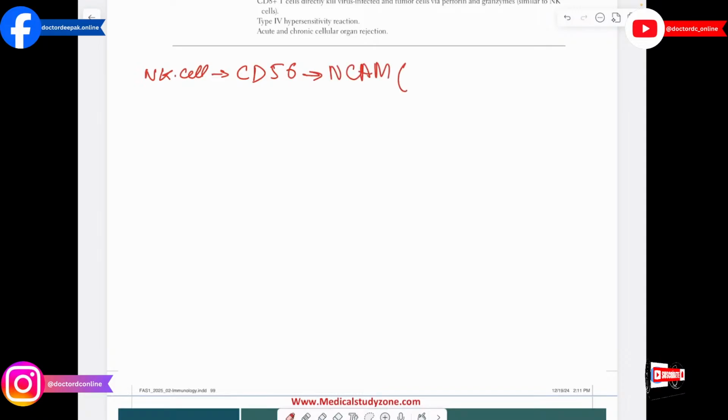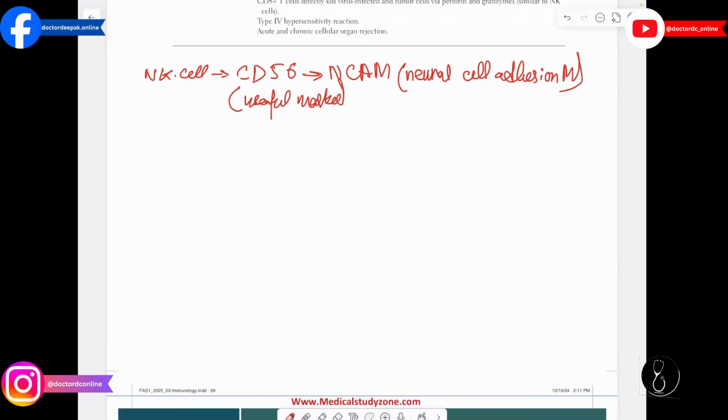NCAM means neural cell adhesion molecule, and it is expressed on the surface of natural killer cells. It is a useful marker for the natural killer cell.